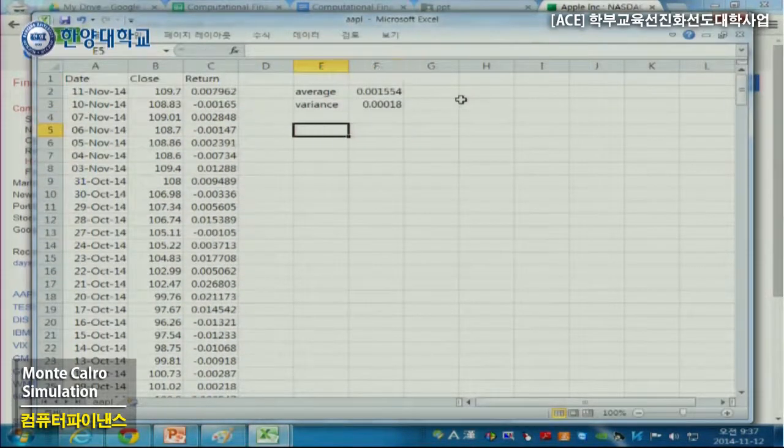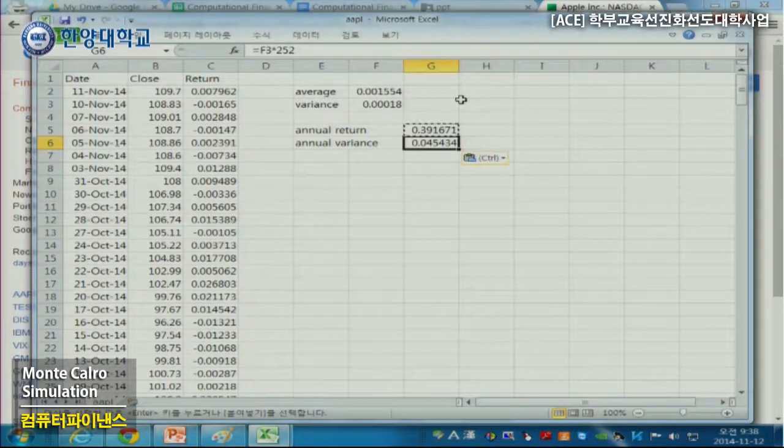And then the annual return. We have to multiply this one by 252, and the annual variance. For Apple, this is actually very small, surprising.